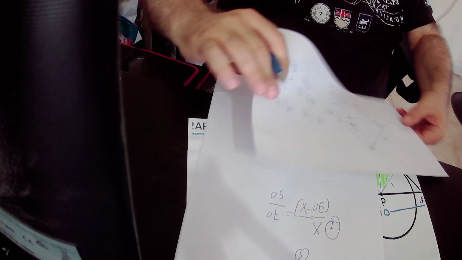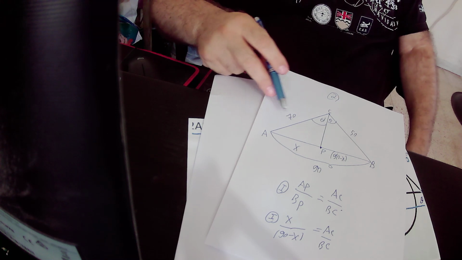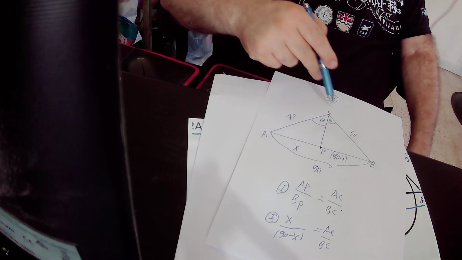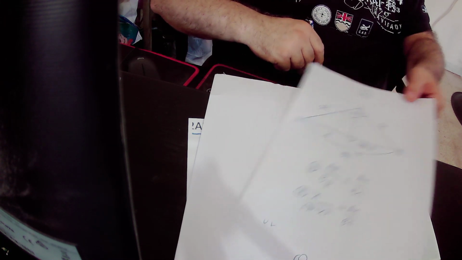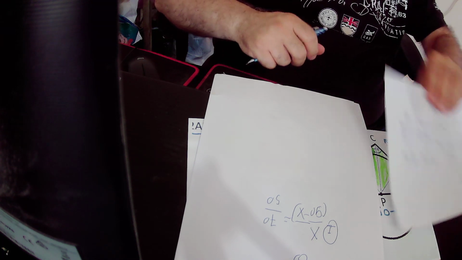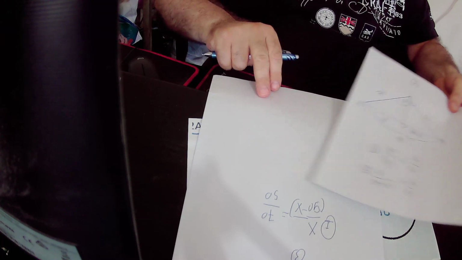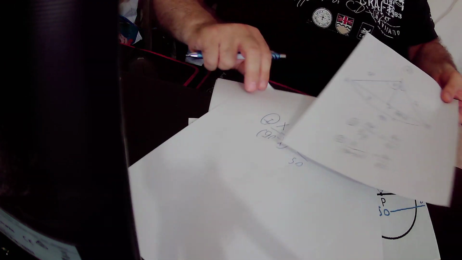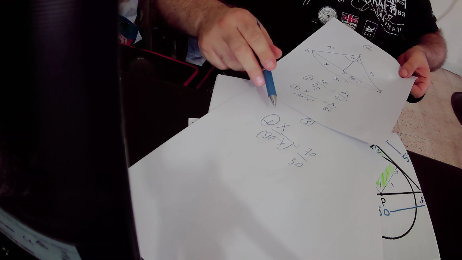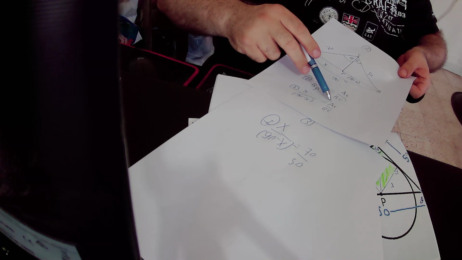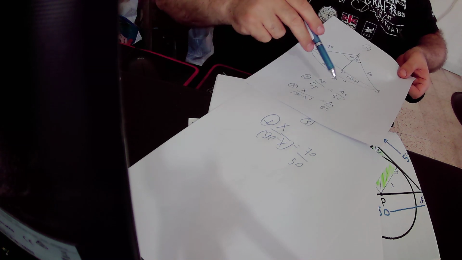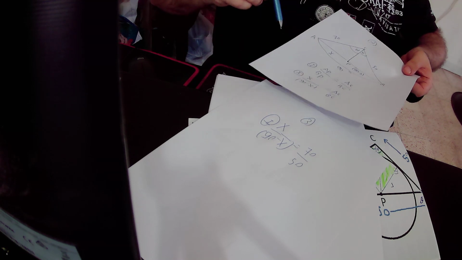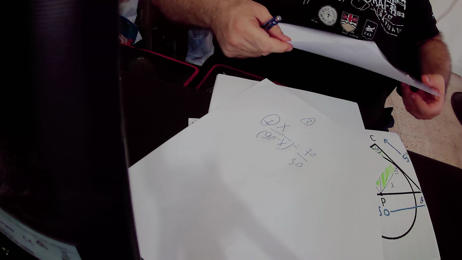Because as you can see here, AC equals 70 and BC equals 50. Okay?